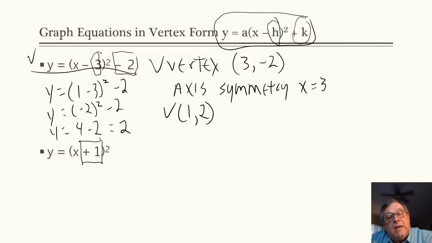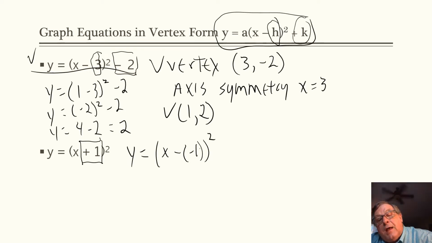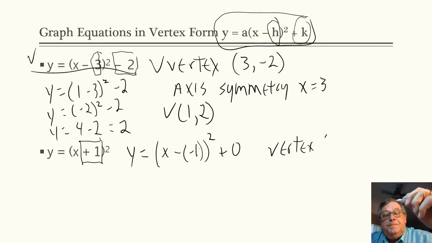So this is really y equals (x minus negative 1) squared. And then what about out here for k? Well, there's nothing there, so it's 0. So my vertex on this second equation is (negative 1, 0).